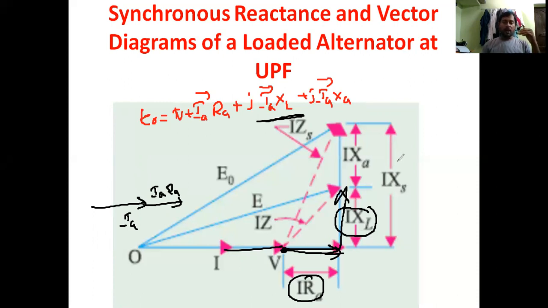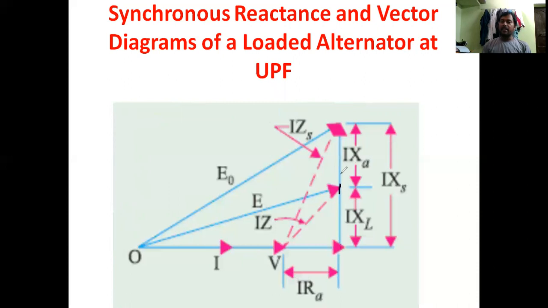That's why first we take the leakage reactance, and then we add IA XA in this direction. If you add these two, this is the total IA XS. Adding this total, this is the total induced EMF, and this is the impedance triangle.